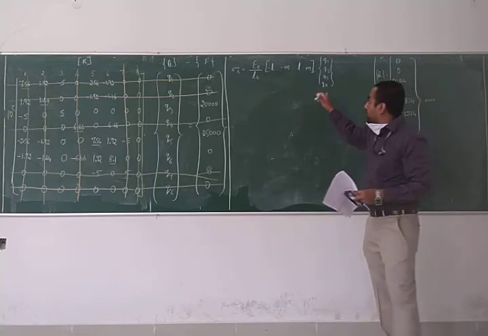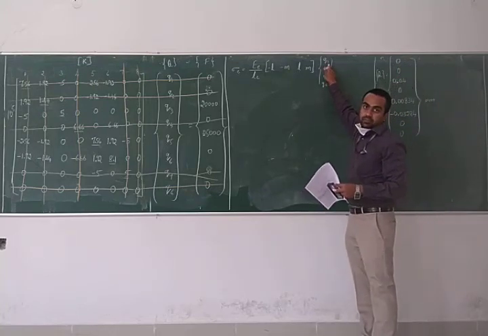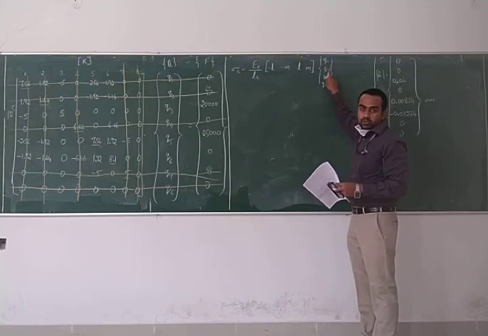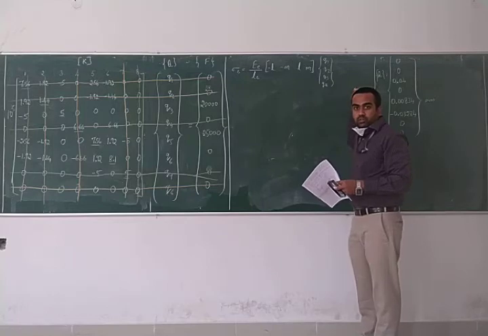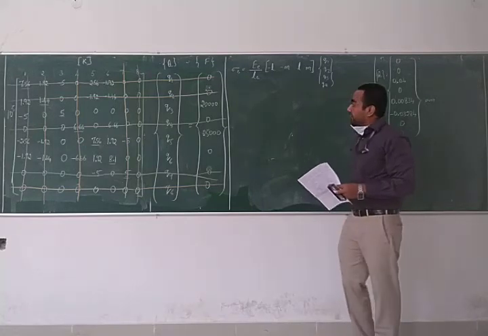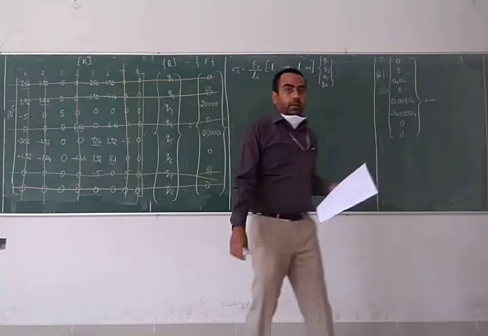So this should essentially be 2j minus 1, 2j, 2j plus 1, 2j plus 2. That's it. So we will calculate it for a better idea.